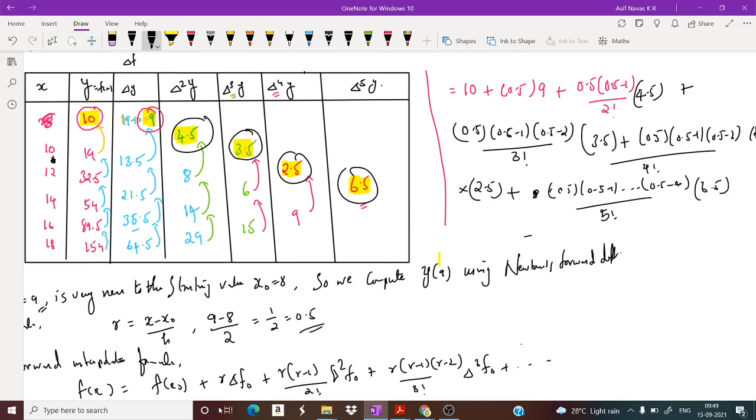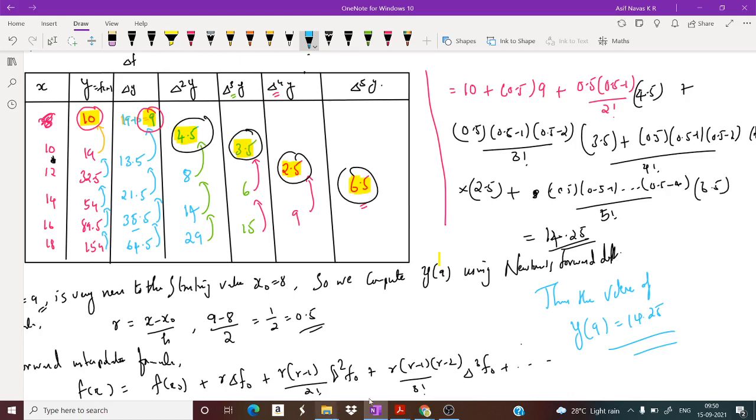So if you calculate this, you will get the answer as 14.25. Thus the value of y of 9 is equal to 14.25, approximately 14.